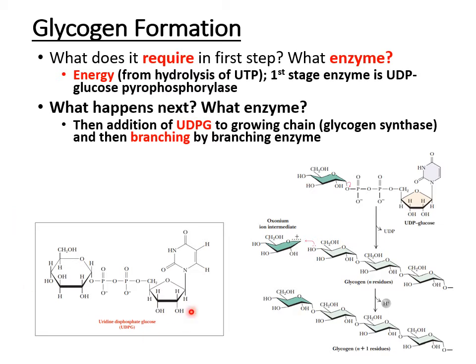Okay, uridine diphosphate glucose, and that's what's shown down here, and you'll see it written out in textbooks as UDPG. What happens is that UDPG, which I have highlighted here, ends up attached to a growing chain. So you see that in this formation here. You have UDPG over here getting linked onto the growing chain of glycogen.